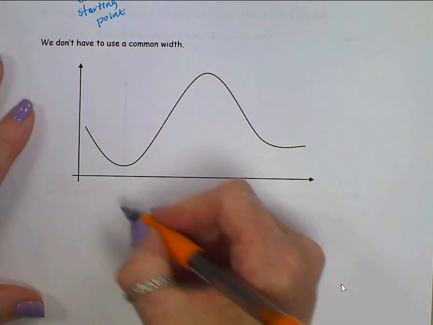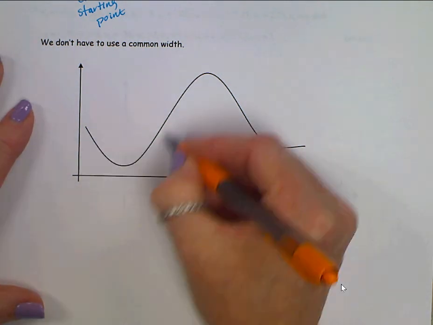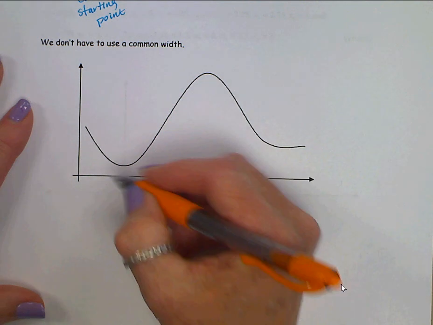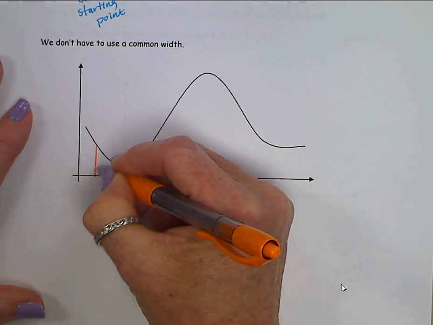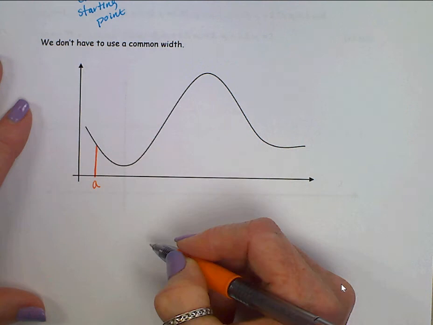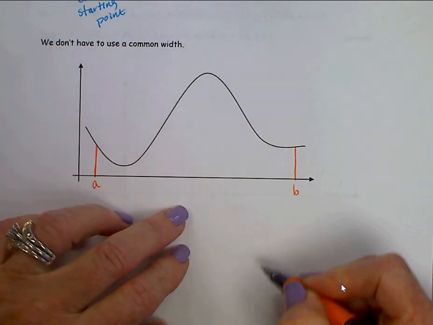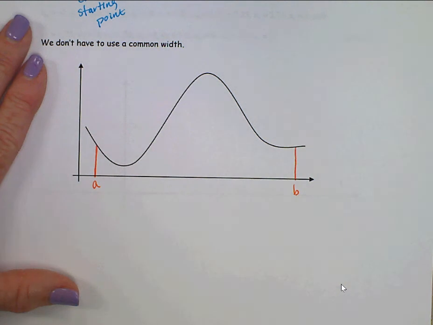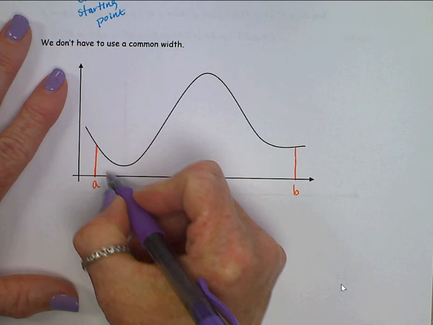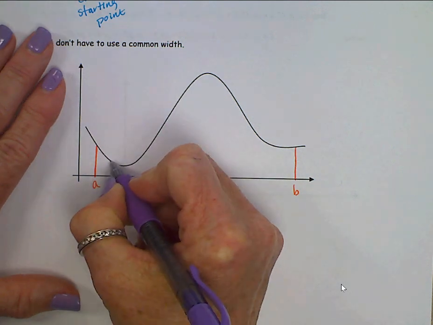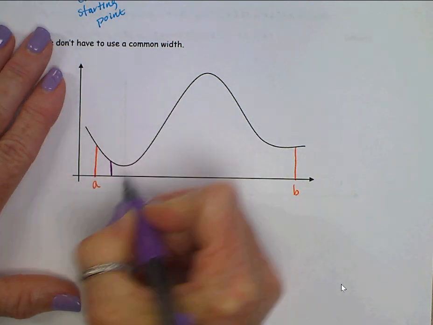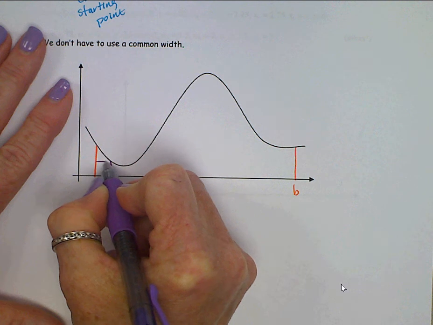Makes no difference. Let's take this function curve right here and let's look at the area underneath this curve from some spot a up to some spot b. All right, our first rectangle, maybe we want to put it right here with that height.